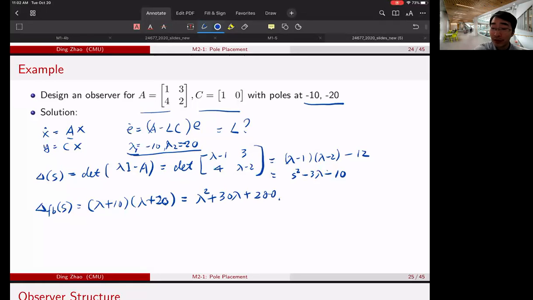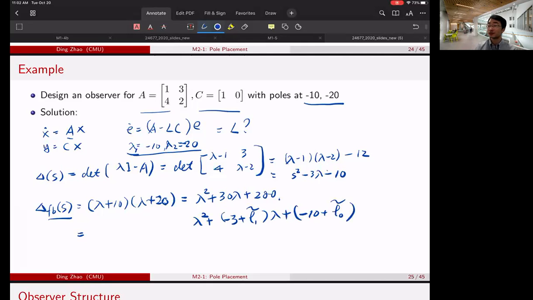Our feedback polynomial can also be described by lambda squared plus minus 3 plus L1 tilde lambda plus minus 10 plus L0 tilde.